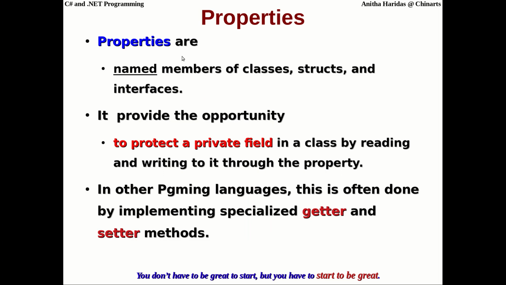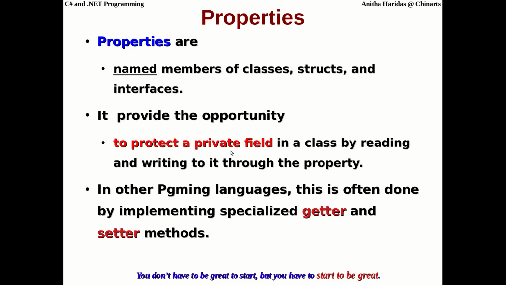So properties are named members of classes, structures and interfaces. The properties can also be used in a structure. We have already seen structures are somewhat similar to classes. So your property can also be used in a structure and it can also be used in interfaces. And these properties provide the opportunity to protect a private field.